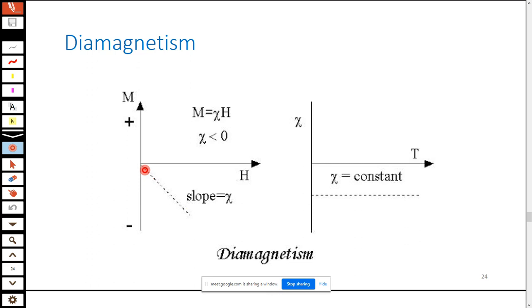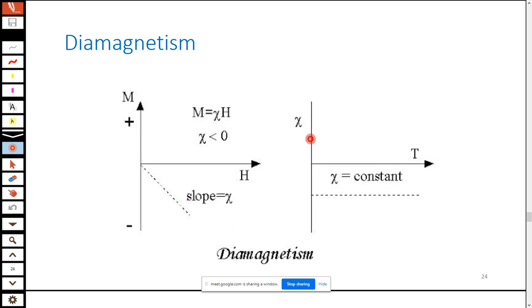It is because chi is always less than zero. Why? Because when it induces the magnetic moment, that magnetic moment opposes the applied field. So chi will always be negative. If you get such a negative slope, then you know it is a diamagnetic material.